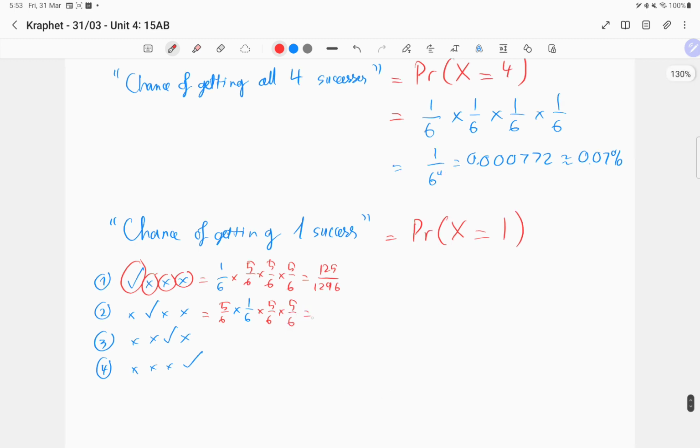What's the final answer? It's still the same thing. Yes, 125 over 1296. So you can see, because the structure is the same, it doesn't matter where the tick is, the answer is still going to be the same: 125 over 1296.